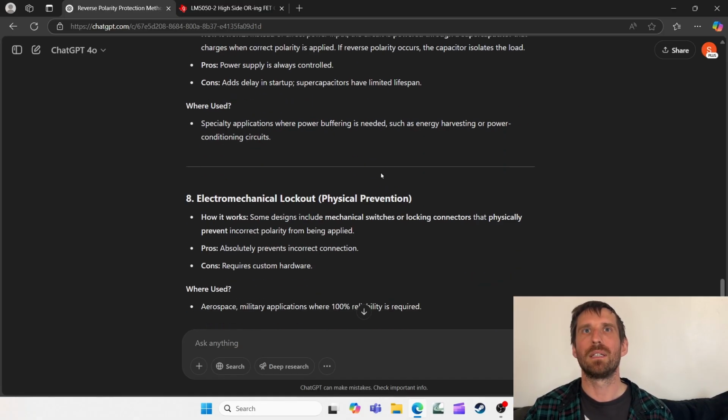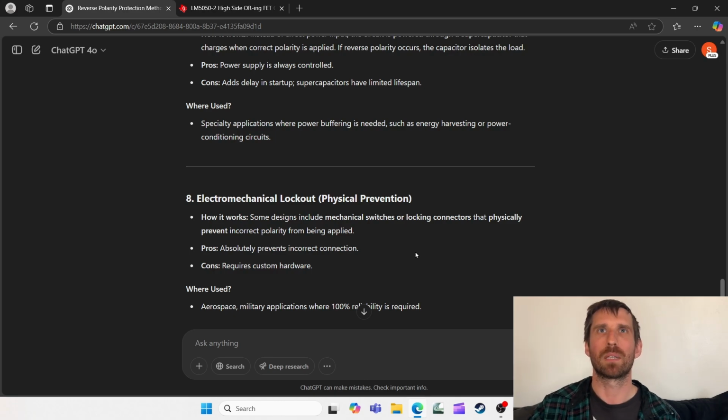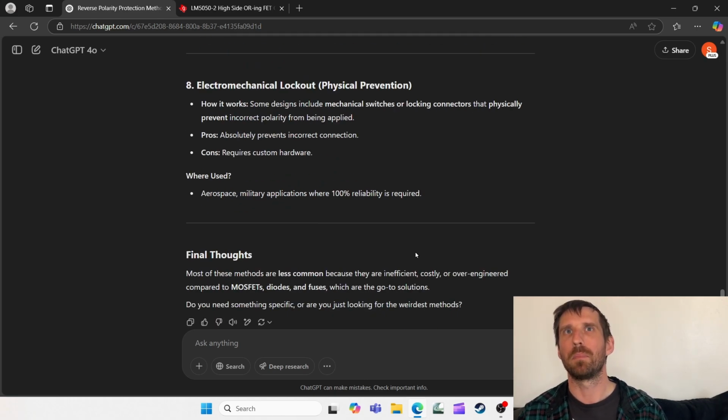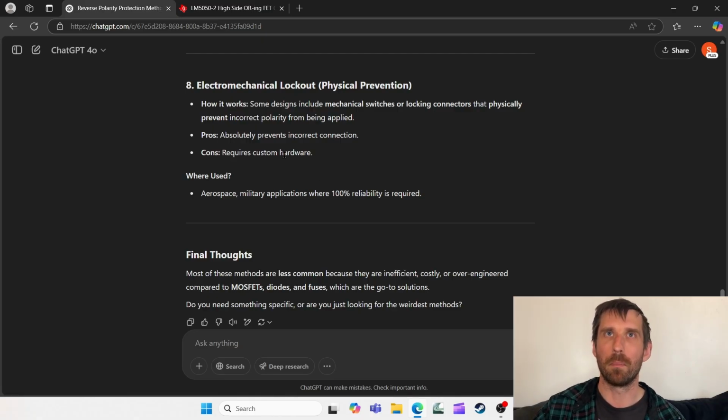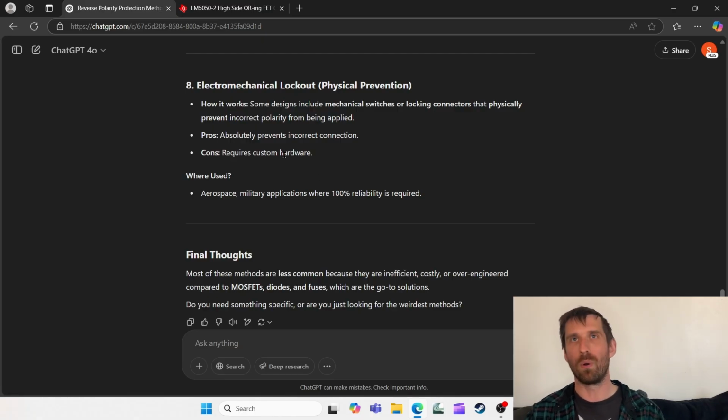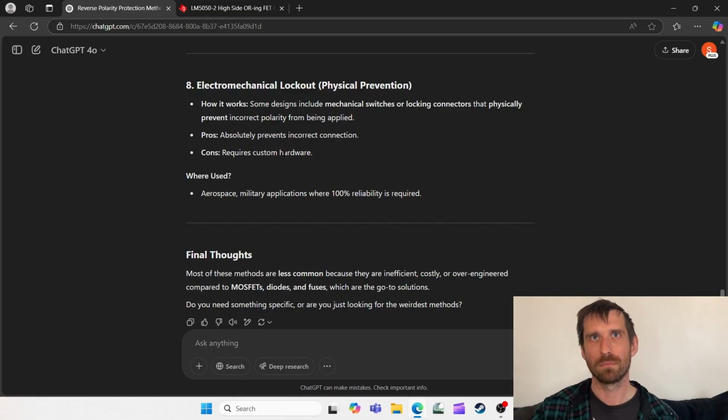So then, electromechanical lockout. Some designs include mechanical switches or locking connectors that physically prevent incorrect polarity from being applied. Cool. I like that. Custom hardware. No. Custom hardware means cha-ching. Don't want that.